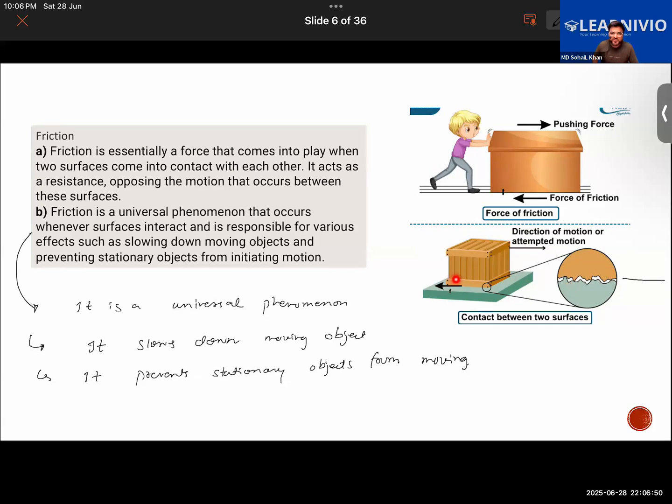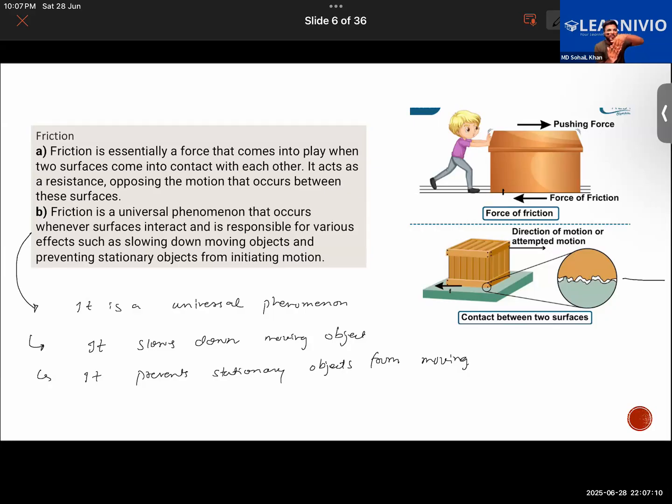So as the surfaces of two or more objects come in contact with each other, these irregularities get interlocked into each other like this. As you try to move it, you see how the surfaces have got interlocked. Getting it, everyone?